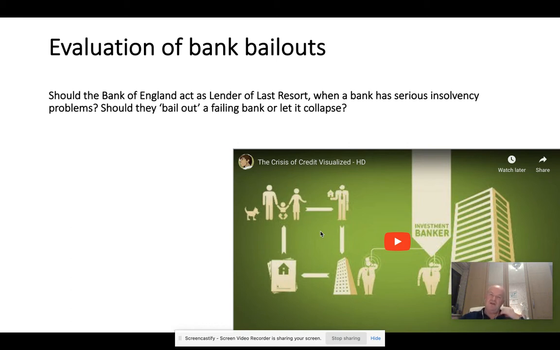There's quite a lot of heavy detail in terms of some of the technical jargon that's used, but the principles are quite useful just to understand how that whole process happened and what some of the issues were that the Bank of England had to face, but also the banking sector overall had to face.